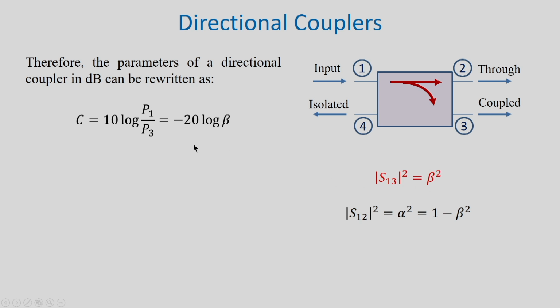So, once we substitute here 1 by beta square, we get C is equal to minus 20 log beta.